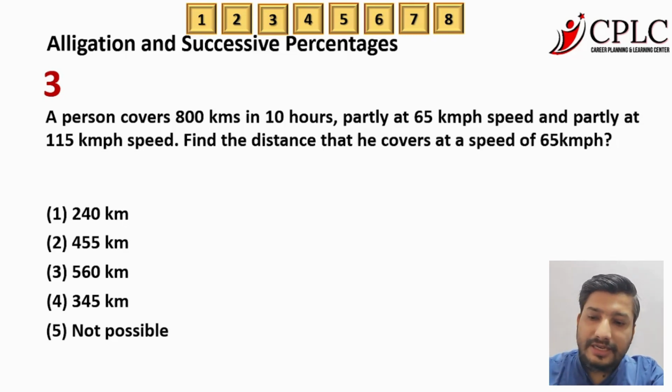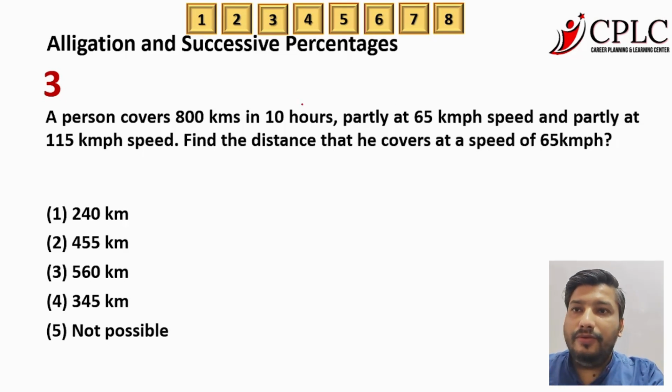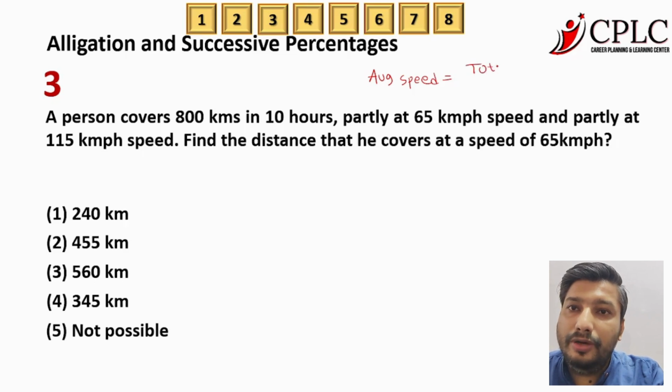Now how do we get that? One simple formula you can remember for average speed, and going forward it is going to be the same formula, is total distance upon total time. That's the simplest of all formulas.